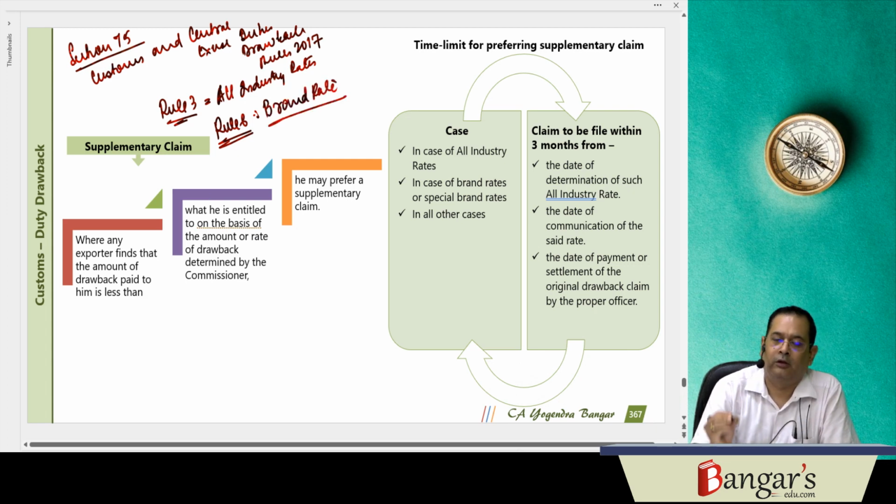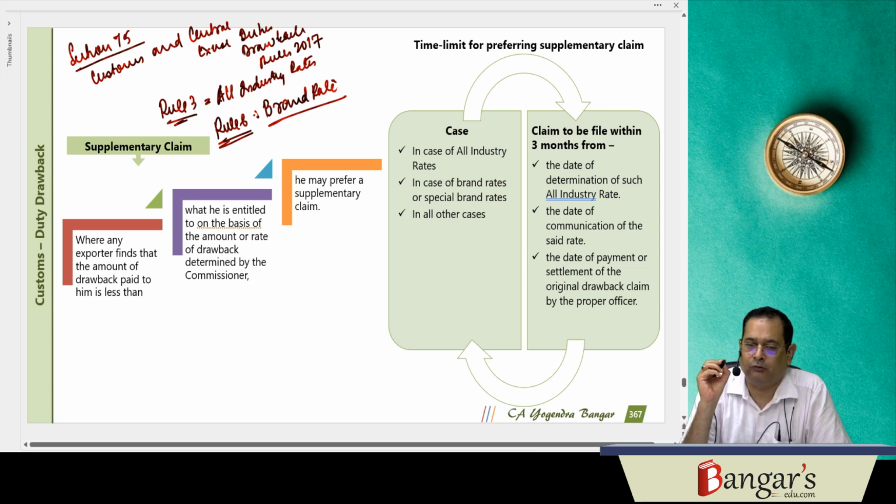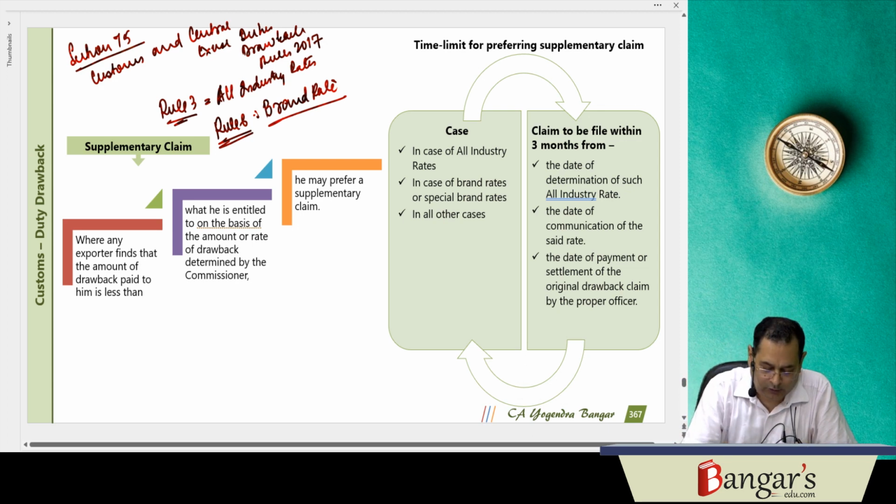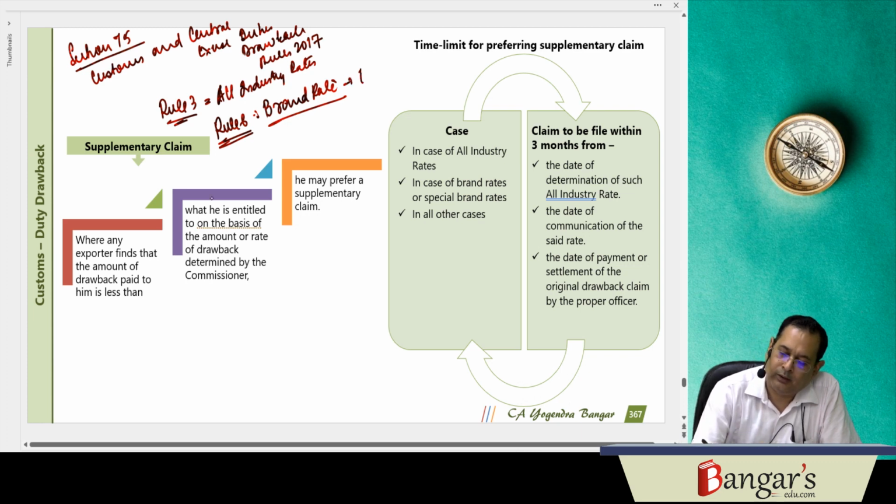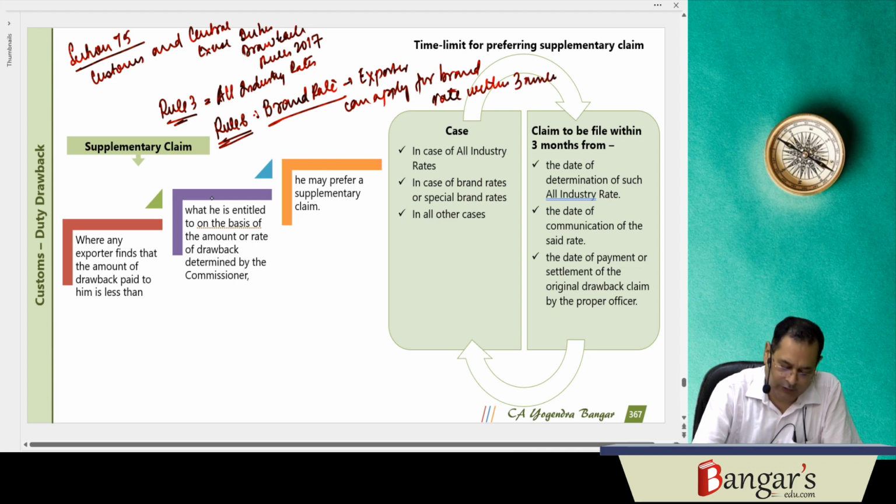In case duty drawback all industry rate is not announced in respect of the goods, then the exporter can apply for brand rate within 3 months of the export.